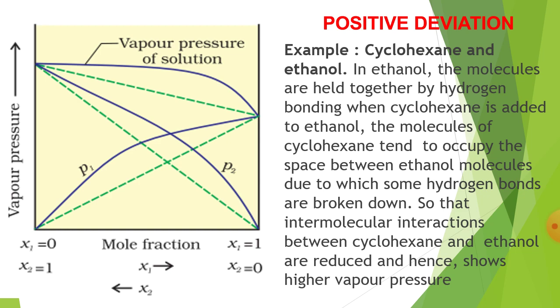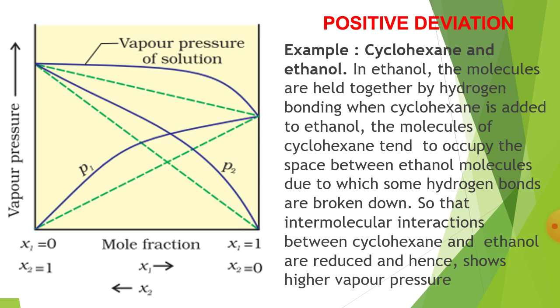That's why delta mix H is more than 0 and delta mix V is also more than 0. That is, the process is endothermic and the volume increases after dissolution.